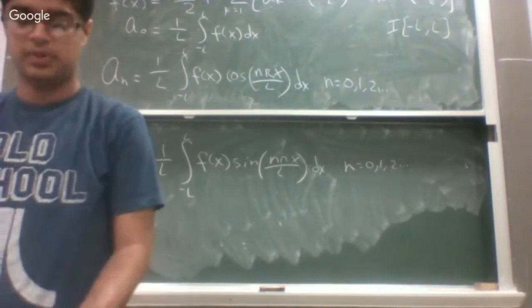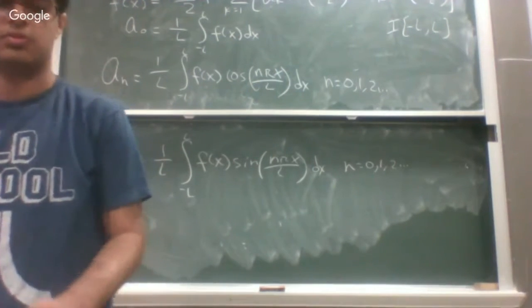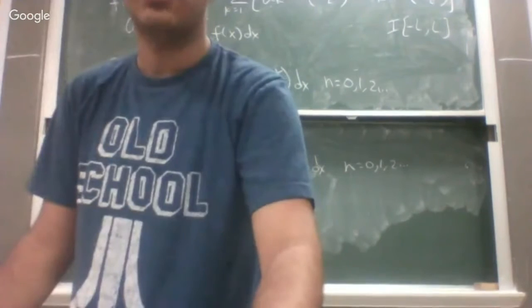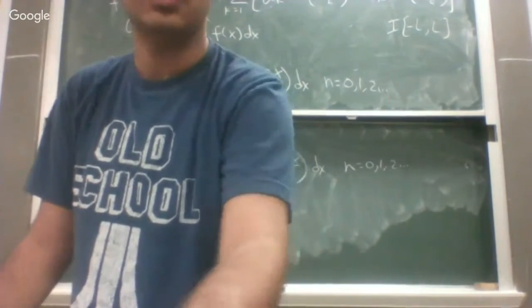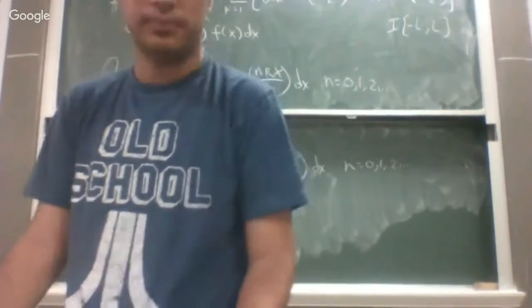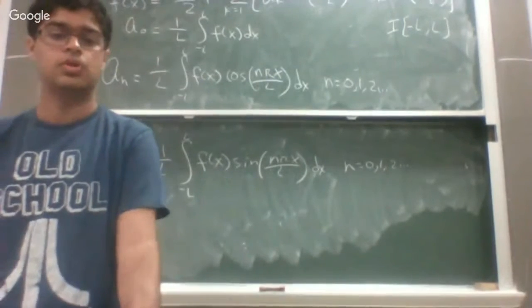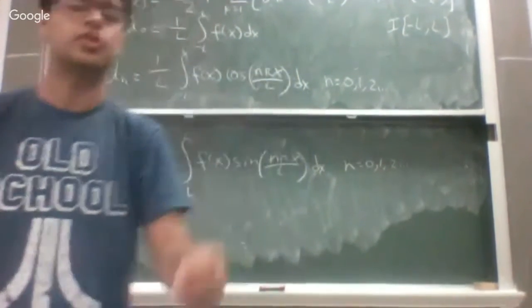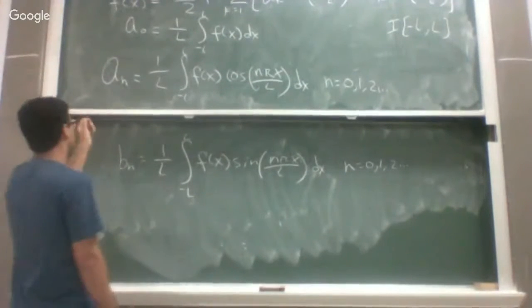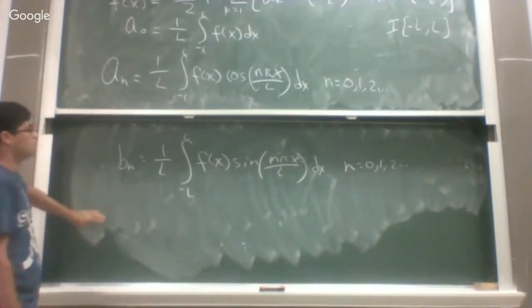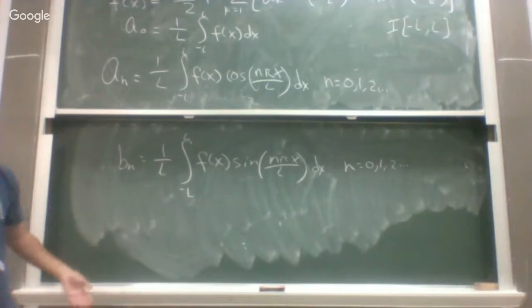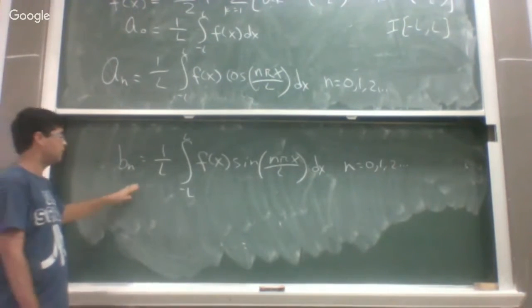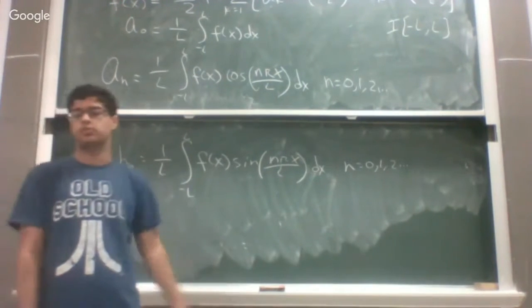Okay? Now, what ends up happening is that we have even and odd functions, right? So for even functions, essentially you can do this for all periodic functions, right? But for even functions, it just happens so that b sub n always equals 0.